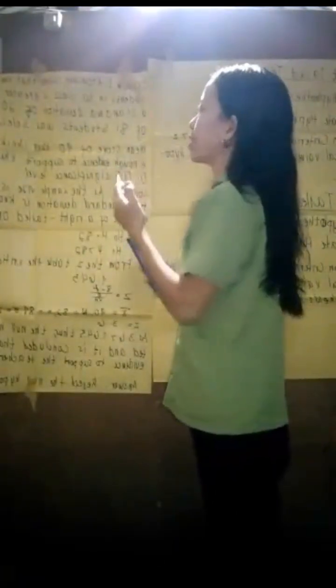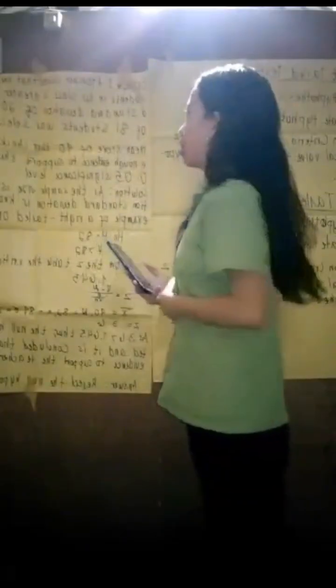And then, here is one example, which is sample number 1. A teacher claims that the mean score of students in his class is greater than 82 with a standard deviation of 20.